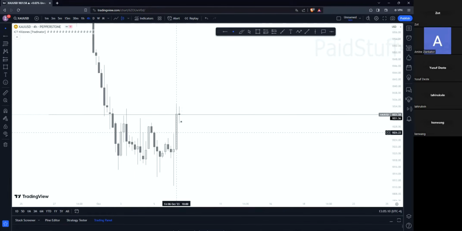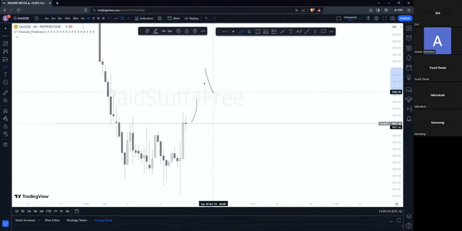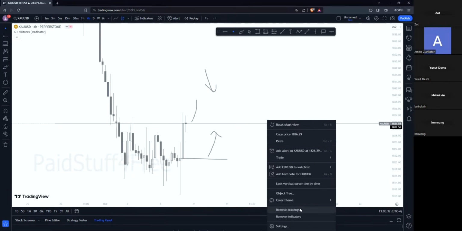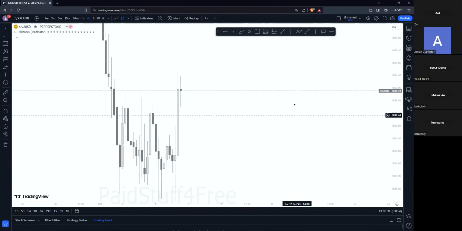Any key level below the current price is going to act as a support, and any key level above the current price is going to act as resistance. It doesn't matter how it looks, how big it is, how small it is. As long as it's above, it acts as resistance to push price lower. If it's below the current price, it acts as support to push price higher. Understood? Amazing. Now, I'm going to show you how to mark the key levels.